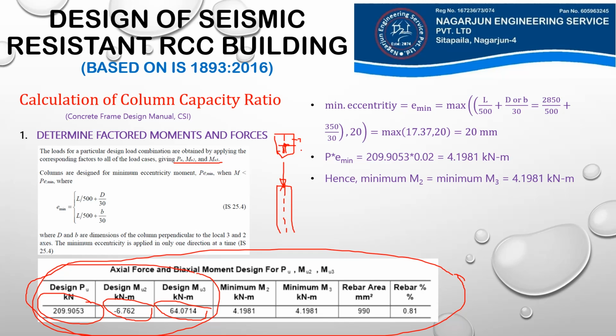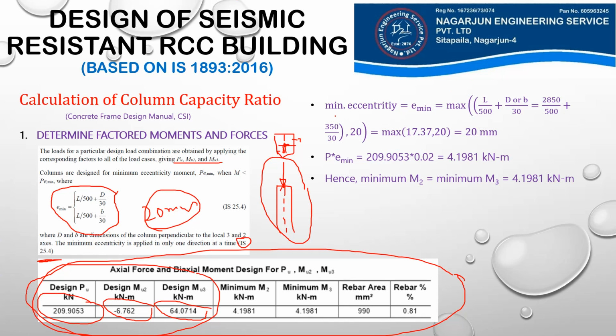So we first calculate that minimum eccentricity that may occur in our columns, and then we also have to design for that minimum eccentricity. That minimum eccentricity value is given by L by 500 plus D by 30, or L by 500 plus B by 30, subject to a minimum eccentricity of 20 mm. This we have in IS 456 clause 25.4.